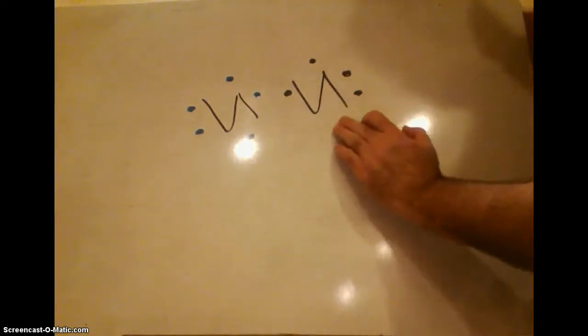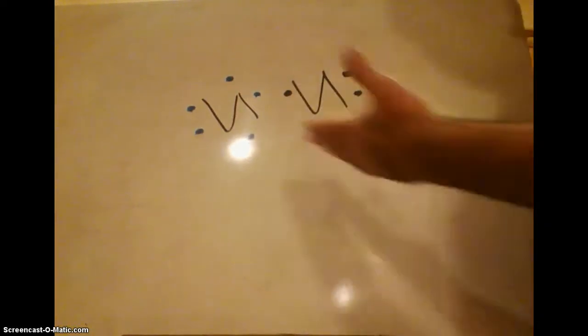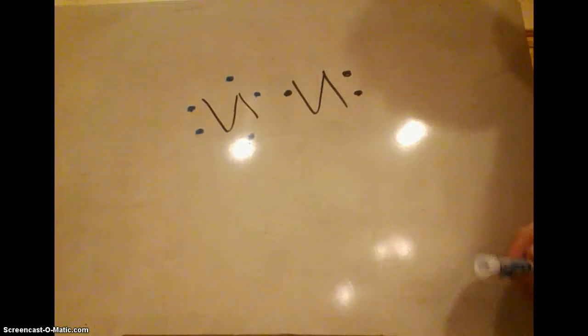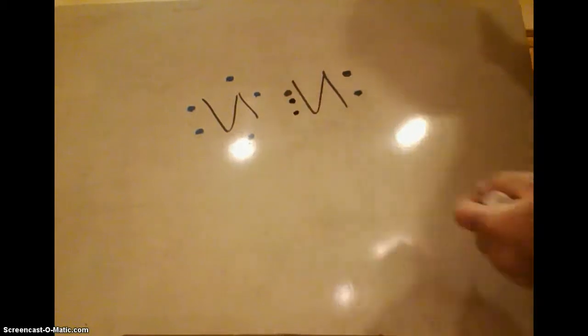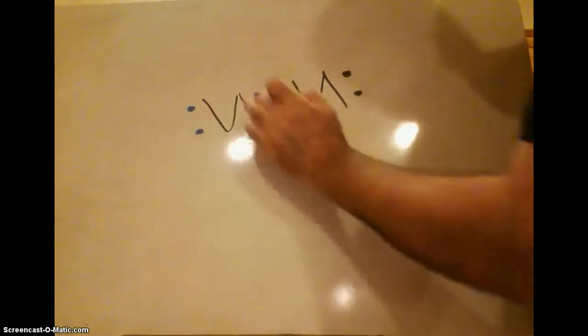Remember, these represent orbitals. And so what I can do to satisfy this bond, if a single bond won't work or a double bond won't work, then you can use a triple bond. And so in this case, I'm going to move all my unpaired electrons to the middle.